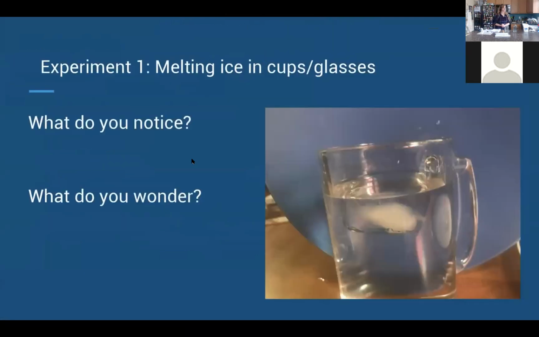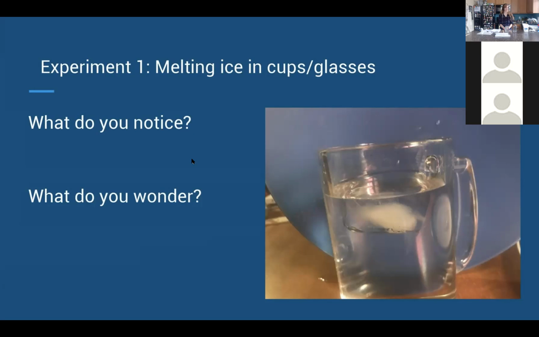Or you can type what you're noticing in the chat. Oh, here we have one. Okay, Nicholas, yes. What are you noticing, Nicholas?